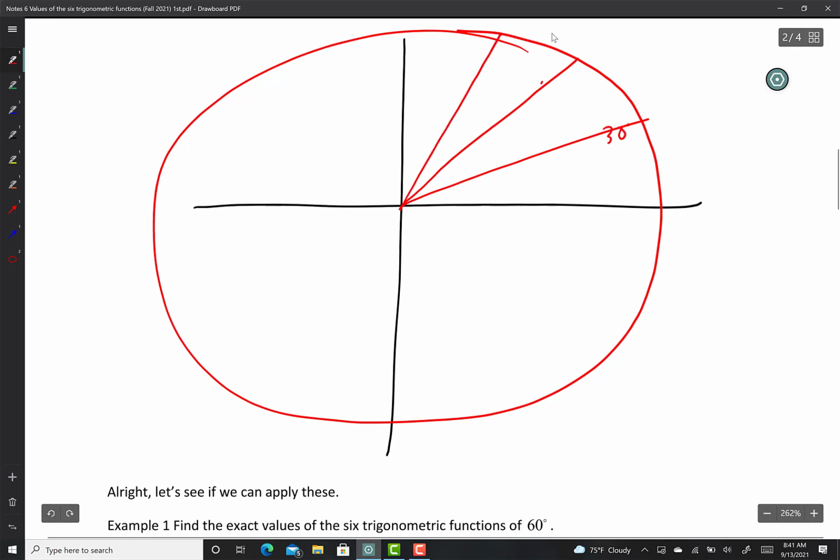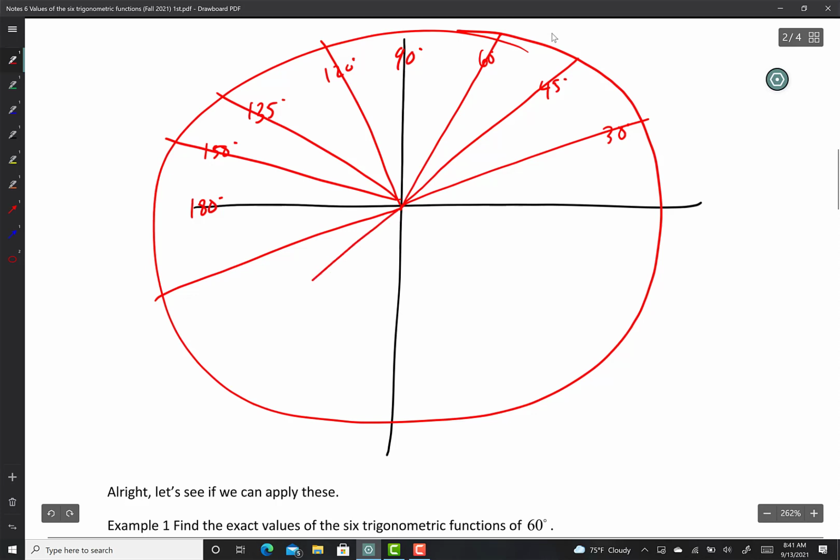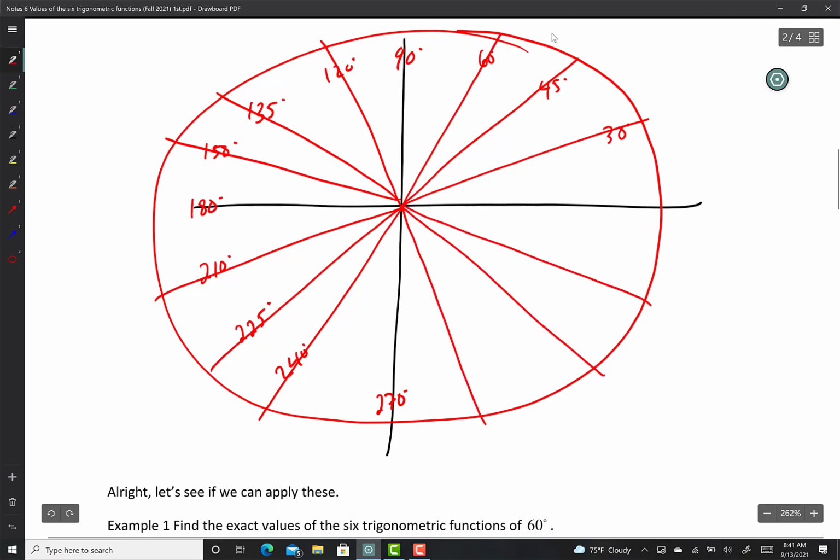I'm going to call this 30 degrees, 45 degrees, 60 degrees, 90 degrees, 120, 135, 150, 180, 210, 225, 240, 270, 300, 315, 330, and then finally 360. Those are all degrees.